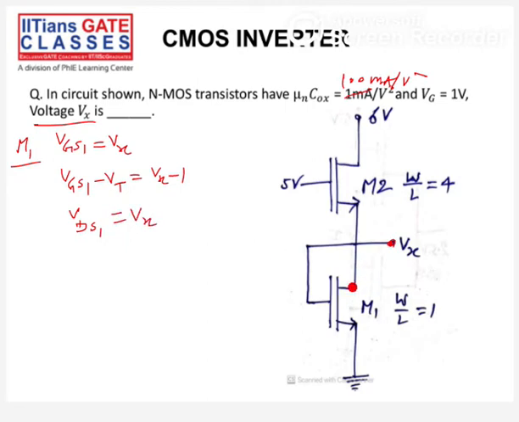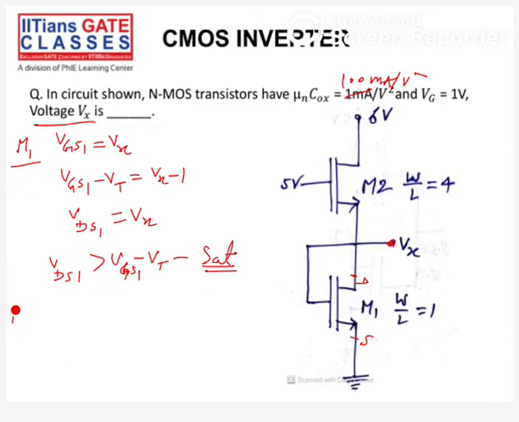This is the drain, this is the source, so this is also Vx. From this, VDS1 is greater than VGS1 minus VT, which is the condition of saturation. It means M1 is in saturation.